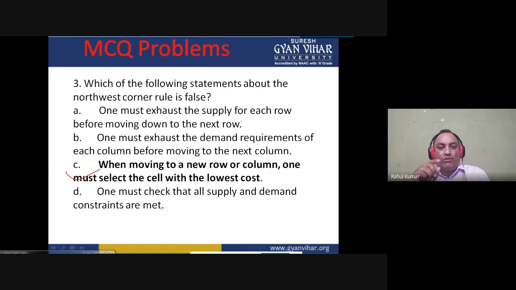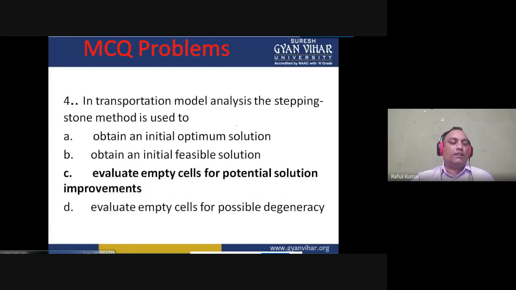Supply and demand constraints are met. Then the correct answer is: when moving to a new row or column, one must select the cell with the lowest cost. Then move to the next question. Question number 4: in transportation model analysis, the stepping stone method is used to.